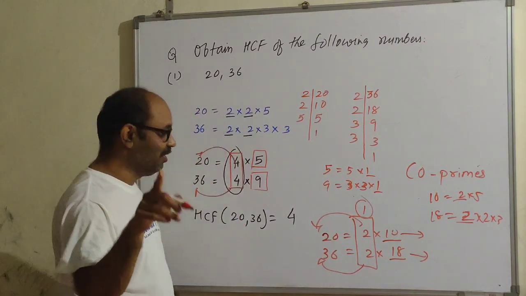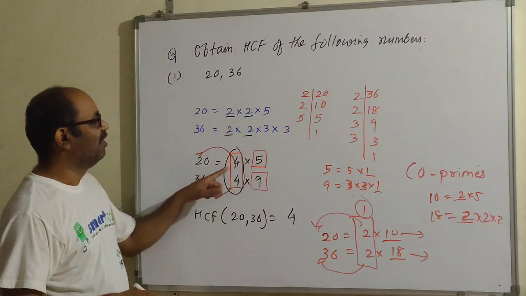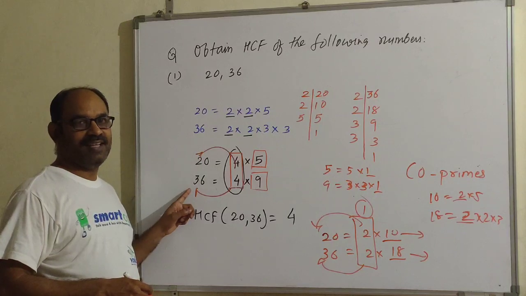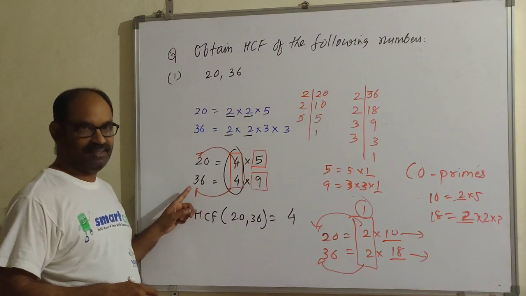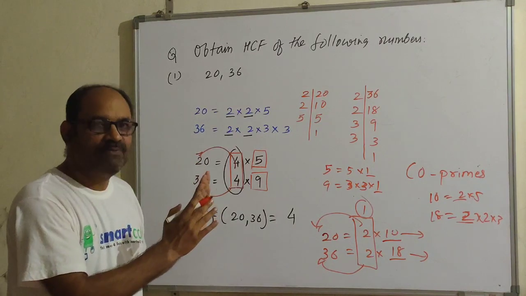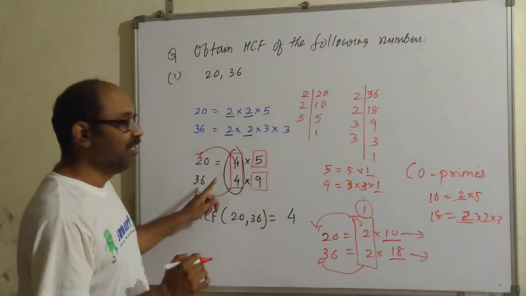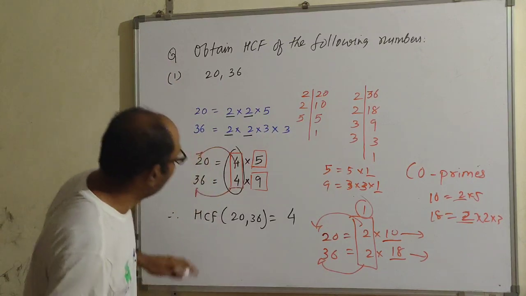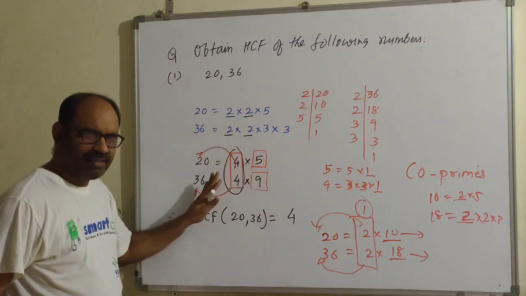See the basics, see the fundamentals, children, here. So, here 4 can be said as HCF of 20 and 36. This is viewing HCF from one definite angle, which will help us later. Okay? Well, this you got. This is one method.